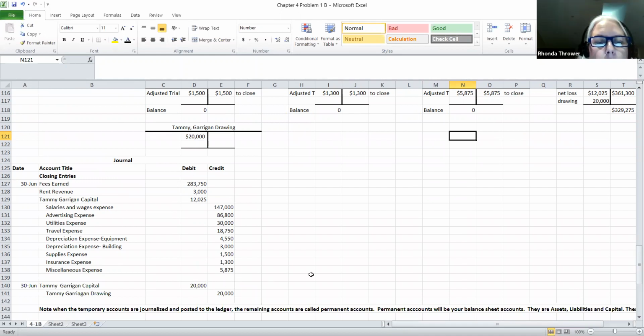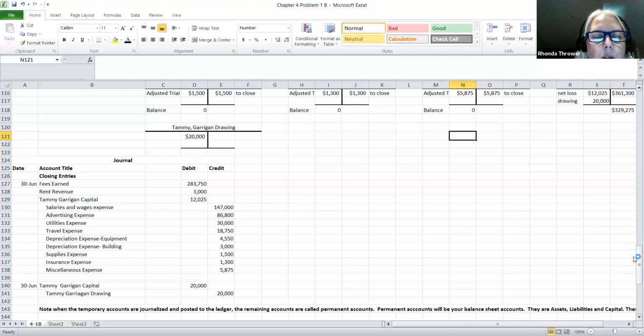It's important that you recognize the difference between net income and net losses. In this problem, there was a net loss, so we decreased our capital account by debiting it. If there had been net income, we would have credited the capital account. But the revenue and the expense accounts would be closed out just the same.